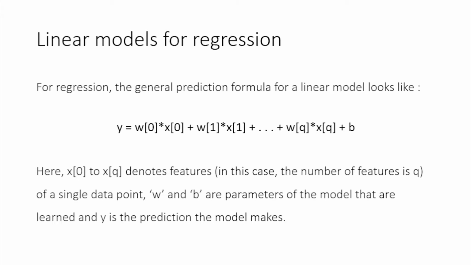Okay. So for a data set with a single feature, you'll have just x0, so our formula changes to y equals w0 multiplied by x0 plus b, which you might remember from high school mathematics as the equation for a line. Here w0 is the slope and b is the y offset.